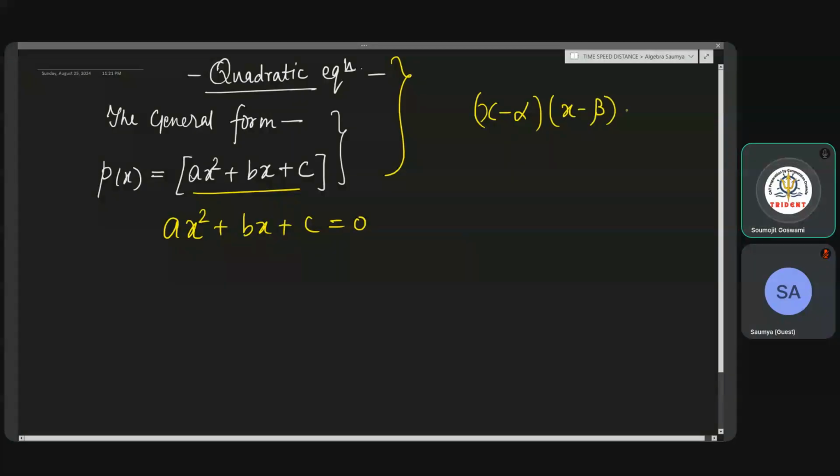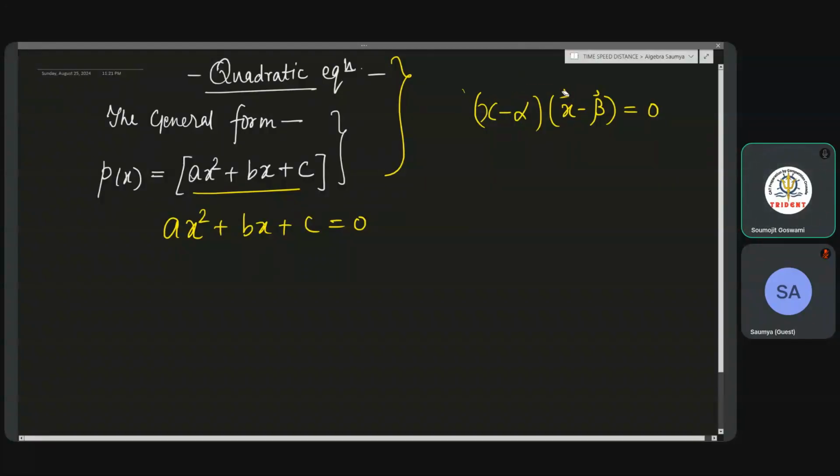Okay, this is how I can factorize this. Generally speaking, this is true for all cases. In 99% of the cases, the type of questions that we will be getting are exactly of this form. If I expand this, it will be expanded in this way.